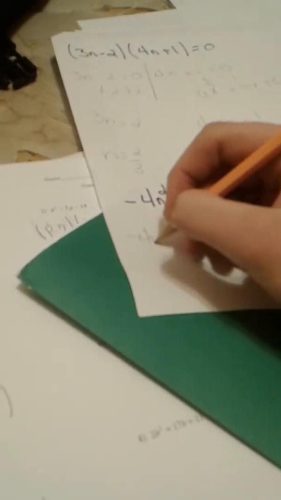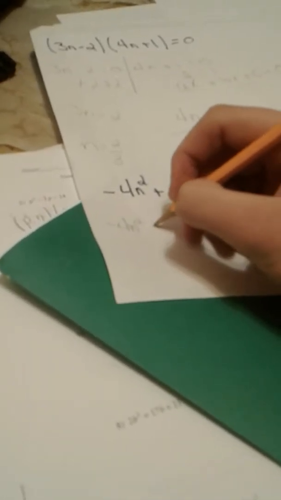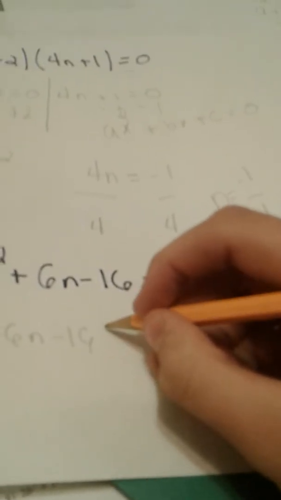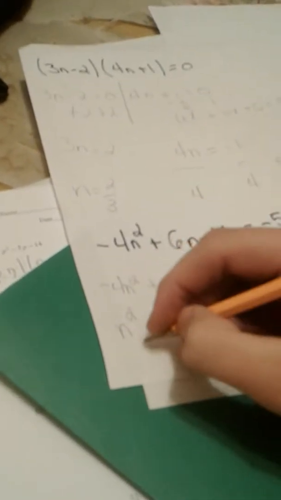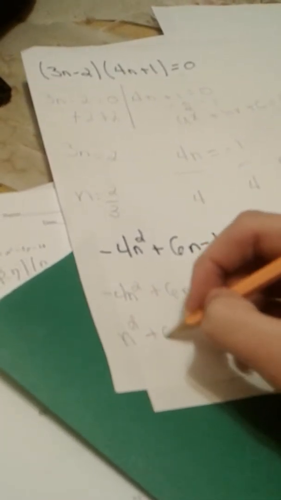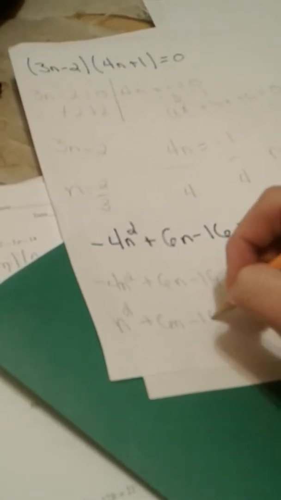So it would be negative 4n squared plus 6n minus 16 plus 5n squared equals 0. Now, since we have that, we can combine our like terms, which we have negative 4n squared plus 5n squared, which should be n squared plus 6n minus 16 equals 0.